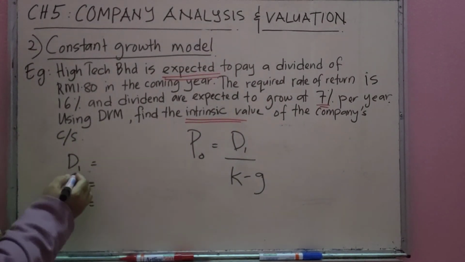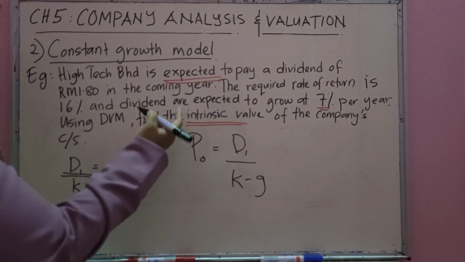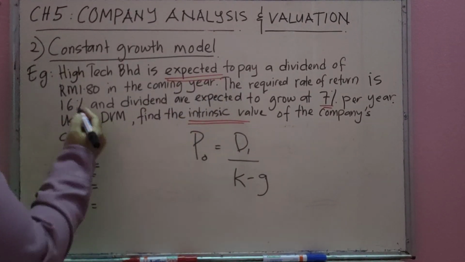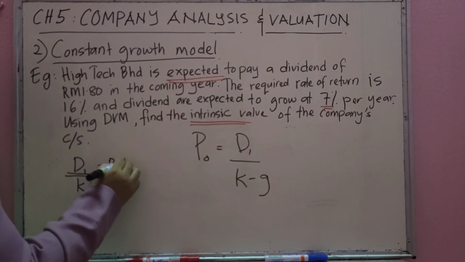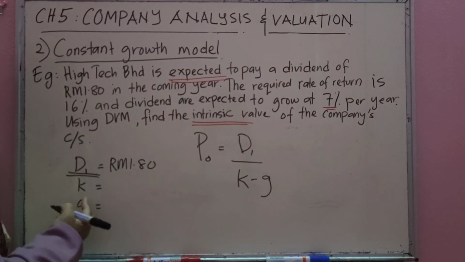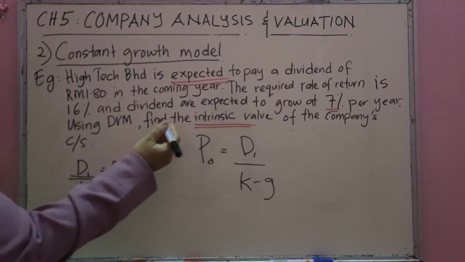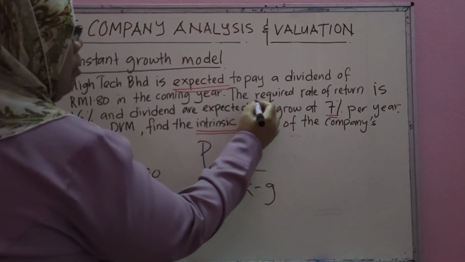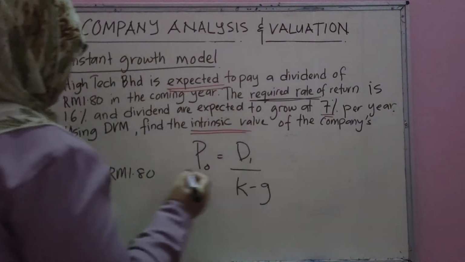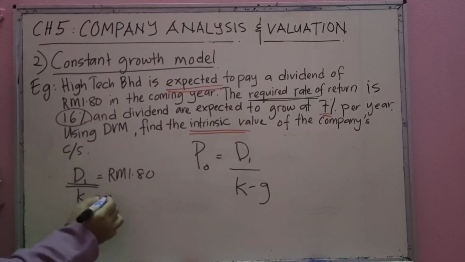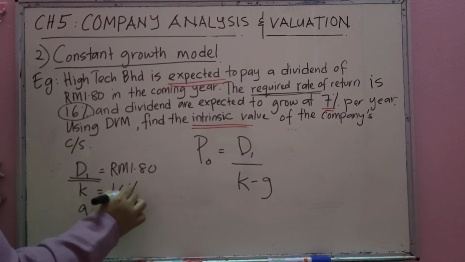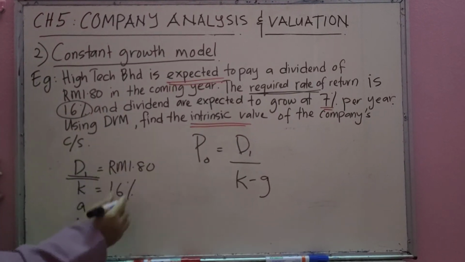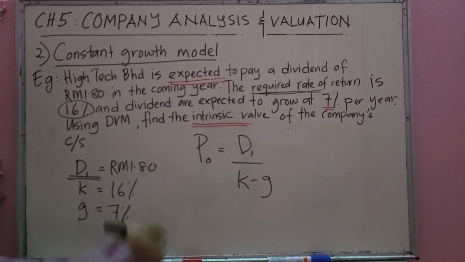Your D1, or expected dividend, will be 1 ringgit and 80 cents. Your K, the required rate of return, is 16%, and it's growing at 7% per year.